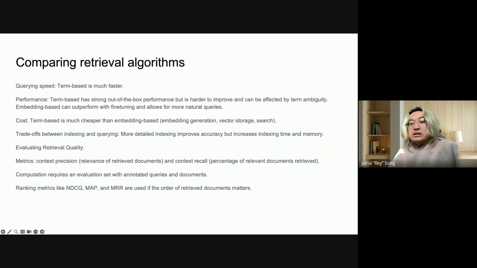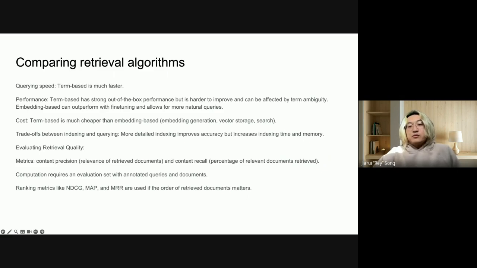One of the most immediate differences you will notice is in querying speed. Term-based retrieval is generally much faster than embedding-based retrieval. This is because simple keyword matching and looking up terms in an inverted index are computationally less intensive than generating embeddings and performing nearest neighbor searches in a vector space.